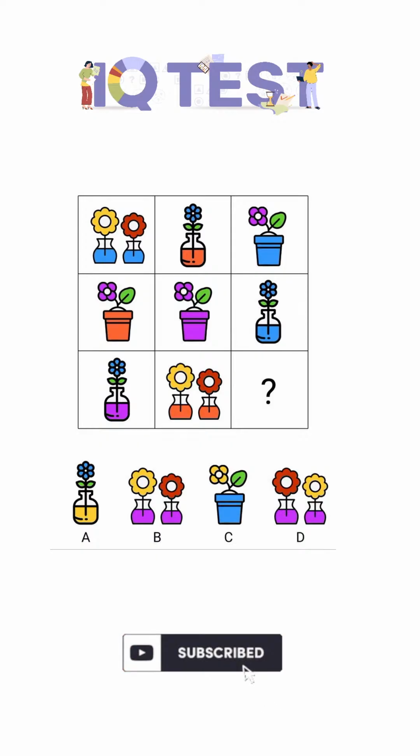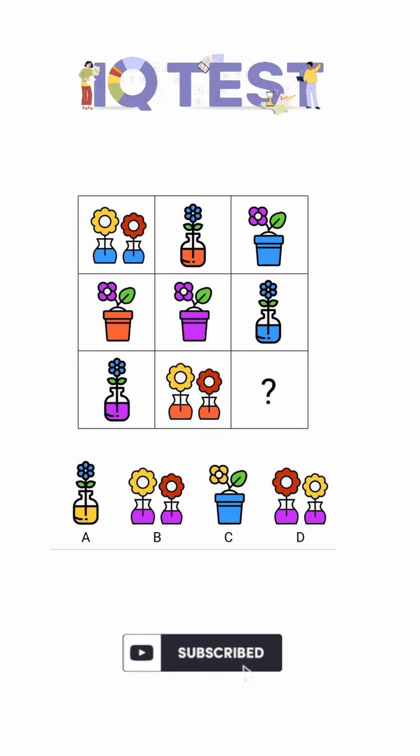In the chart, I can see blue, orange, blue, purple. But there is no yellow color in the chart as the color of the vase. So option B is the only one left.